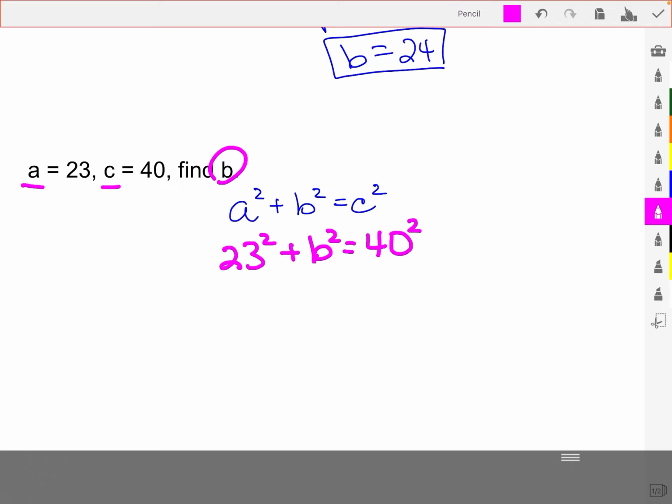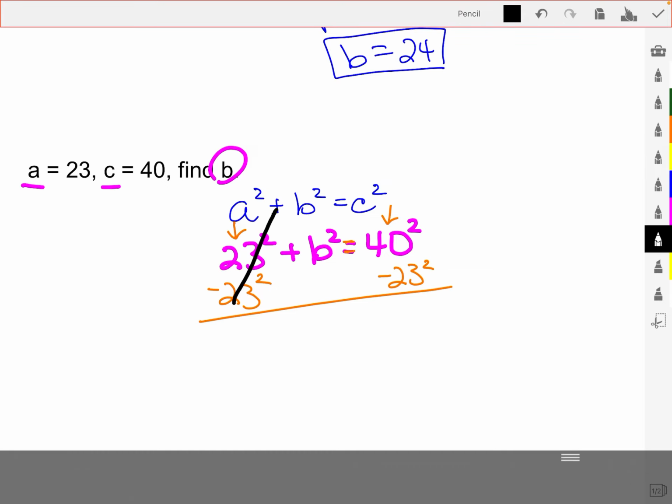Once I've got it plugged in, I'm just solving for the variable. So just like the one above, my two numbers are opposite the equal sign, so I'm going to subtract because I want to get b squared all by itself. So I need to figure out 40 squared minus 23 squared.